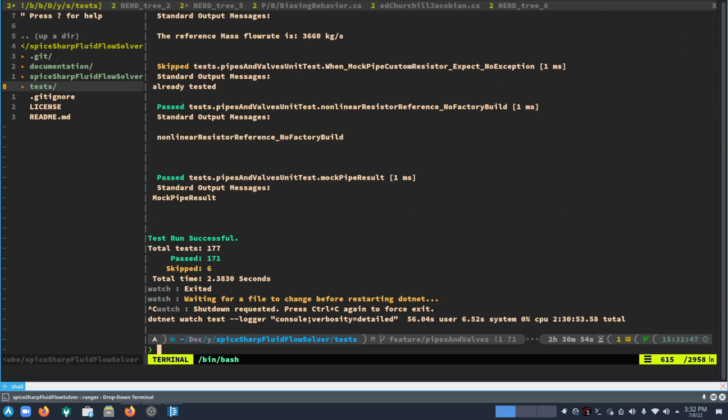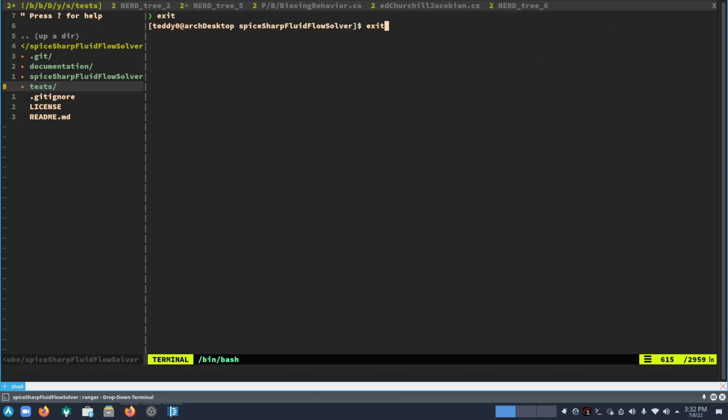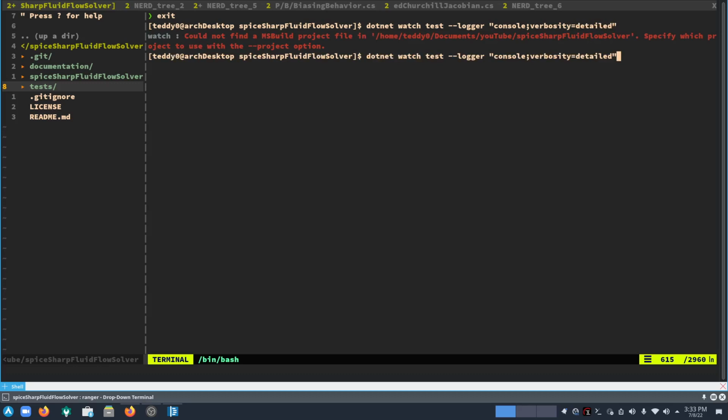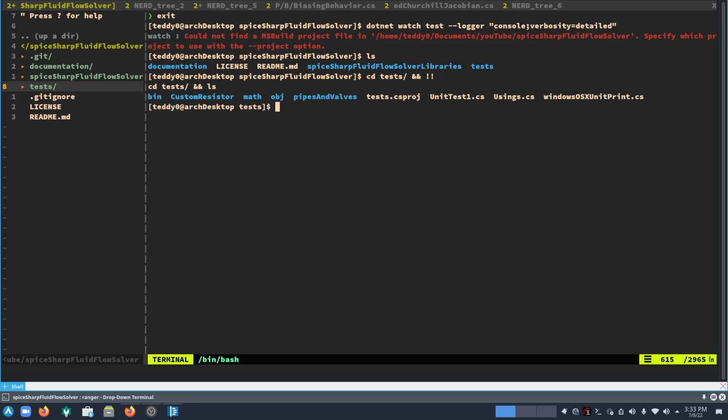Let me restart this. .NET watch test logger console verbosity equals detail, to see whether the code works. cd test, and bang bang, that means this is the last command used.